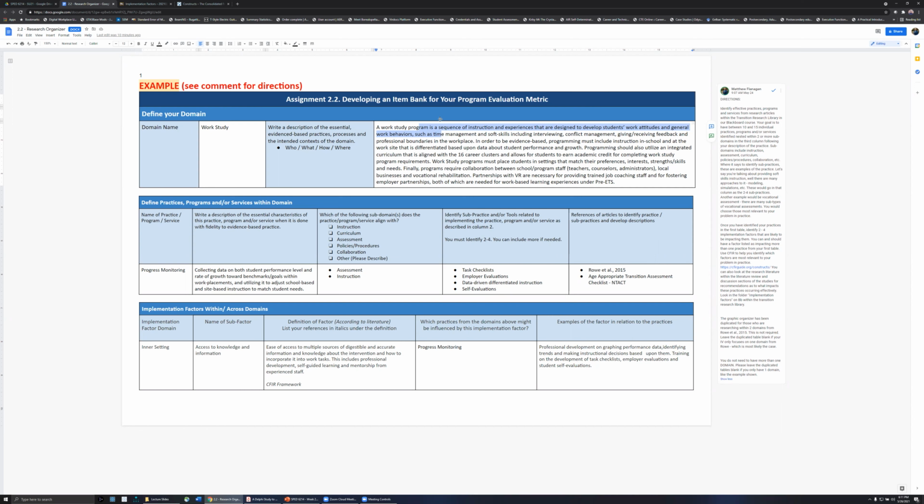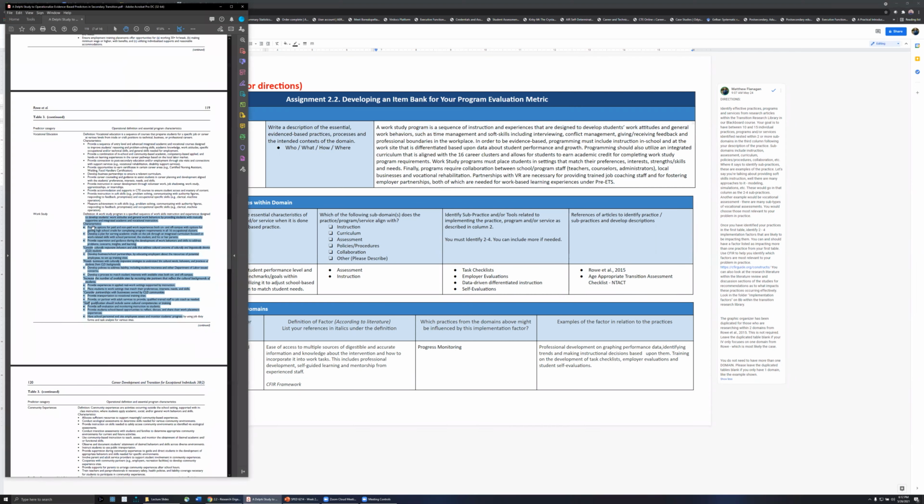In order to figure out when you have what we call saturated your domain, meaning you've identified practices that hit on all aspects of it, first and foremost, you have to have a really precise, detailed description of that domain. You're going to spend the most amount of your time in the beginning writing this description to be hyper specific, to have all of those essential characteristics.